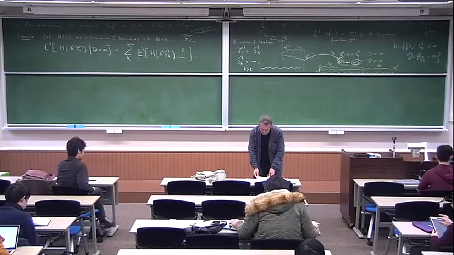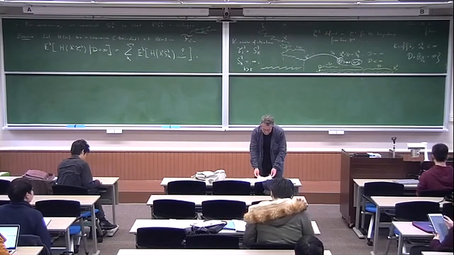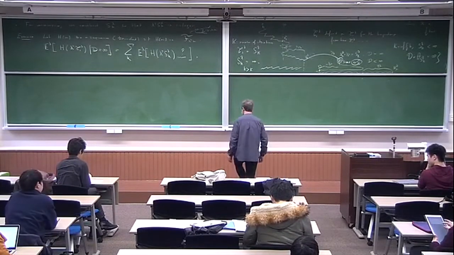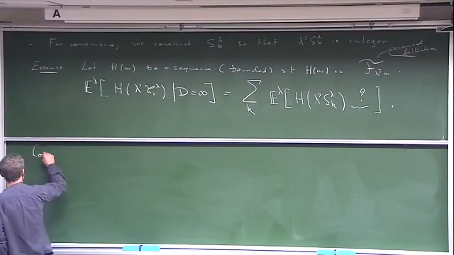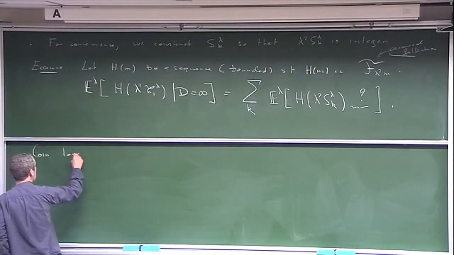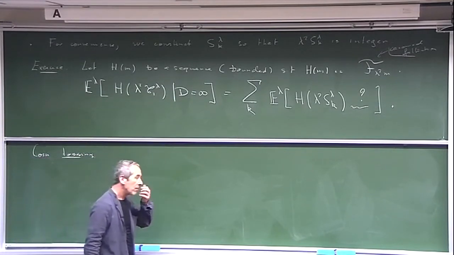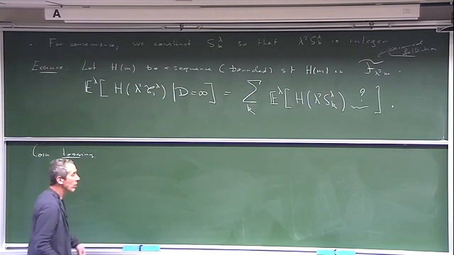So let's resume. Now, the coin tossing. Let us be a little bit more explicit about this coin tossing procedure. In the algorithm, at some point you toss a coin.